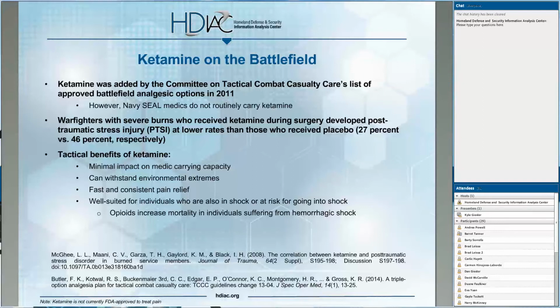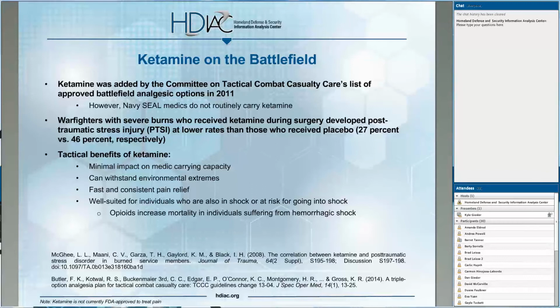Despite ketamine having interesting analgesic properties comparable to that of morphine, no Navy SEALs routinely carry ketamine. But it definitely has significant advantages, and one in particular is with respect to PTSD and the treatment of acute pain early on, because as I mentioned previously, pain and mental health are inexorably linked together.